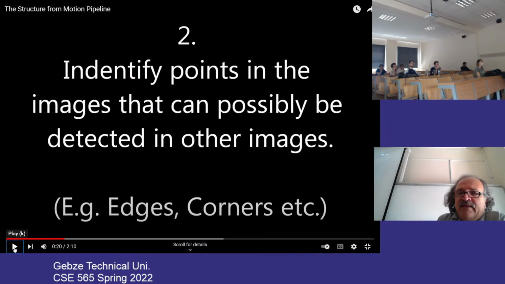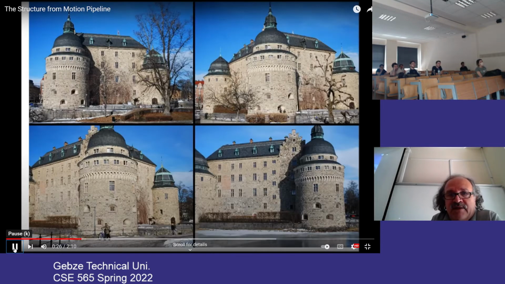Then instead of running our dense optical flow method, this guy is running a feature-based method. It detects lots of edges and corners from each of the images and tries to find the correspondence between them, to identify points in the images that can possibly be detected in the other images.